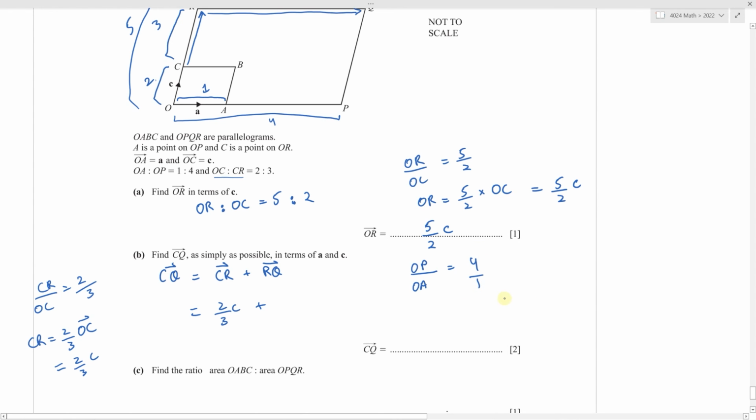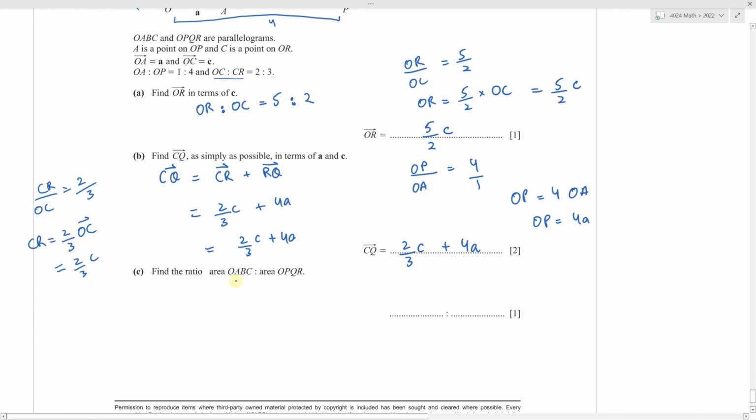This gives me OP equals 4 times OA, and OA is simply A. So OP equals 4A. OP is the same as RQ because this is a parallelogram, so RQ is also 4A. So CQ is 2 by 3 C plus 4A.